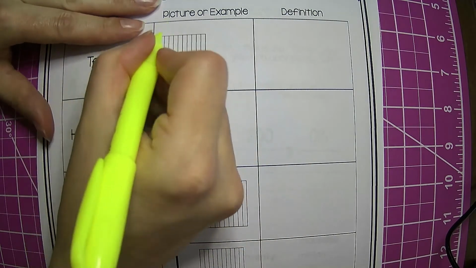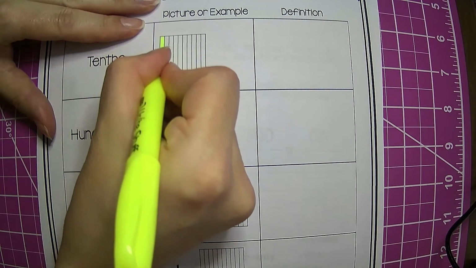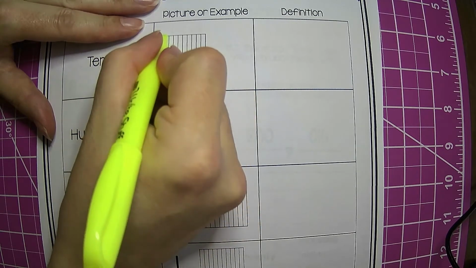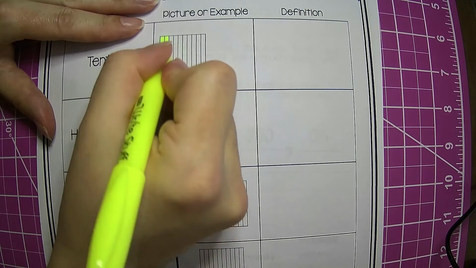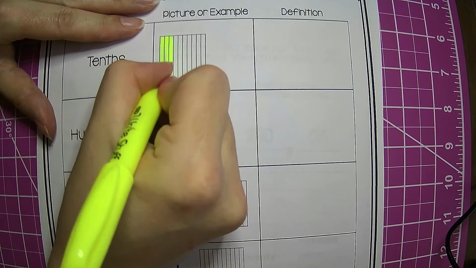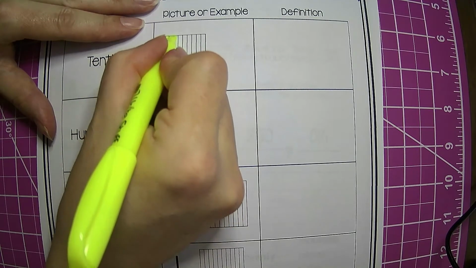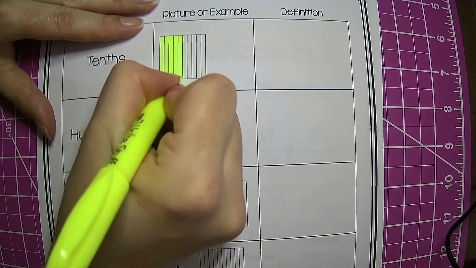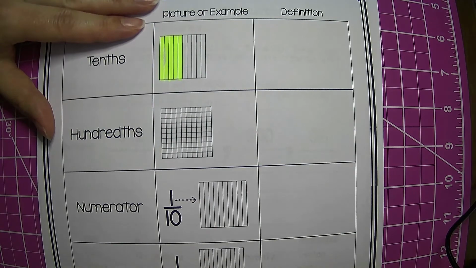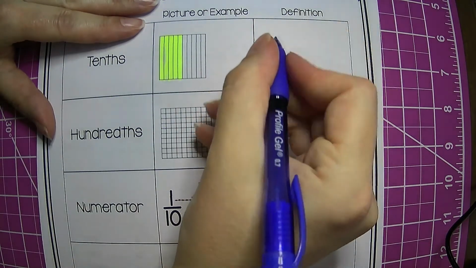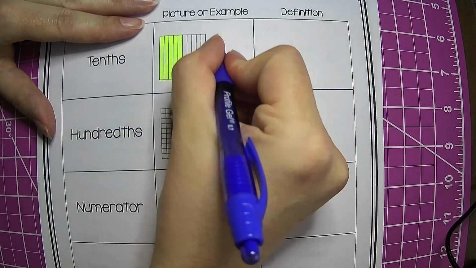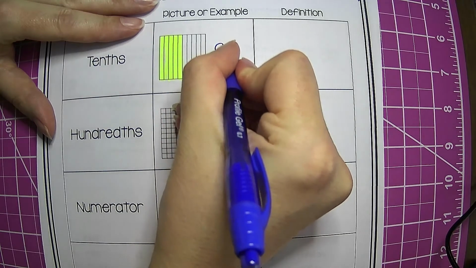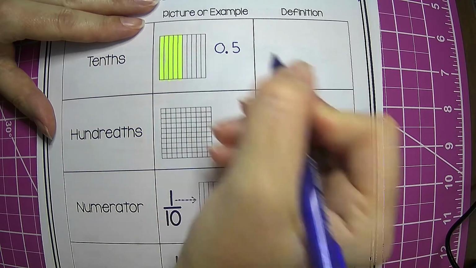So if I colored in 1, 2, 3, 4, 5, if I colored in 5 tenths, I would say that that is 0 and 5 tenths.